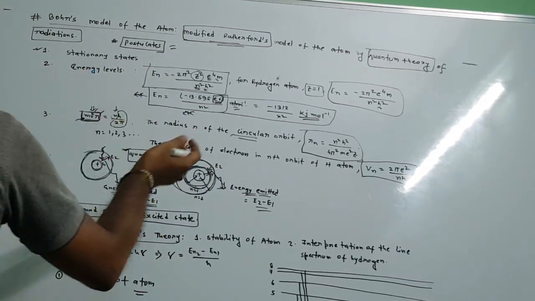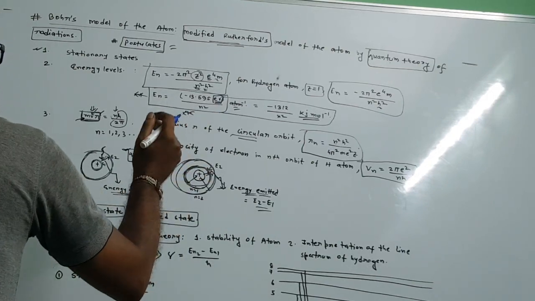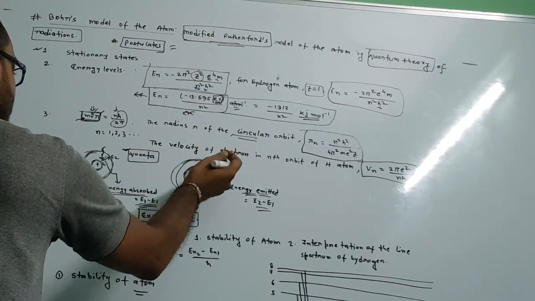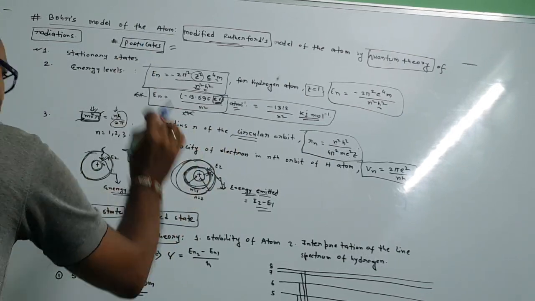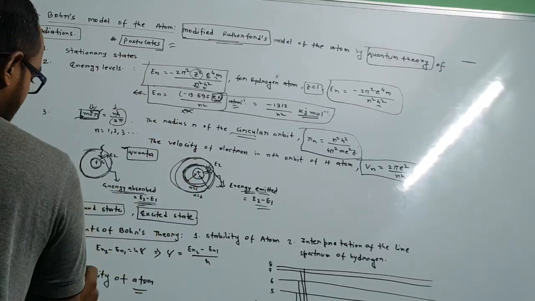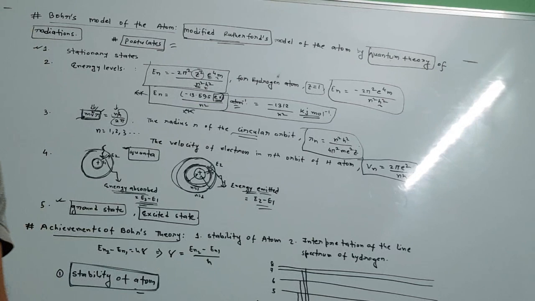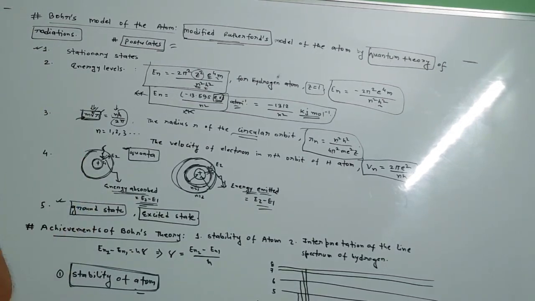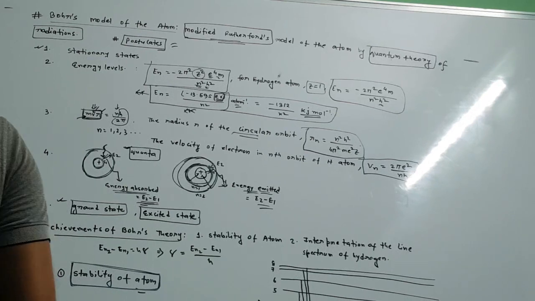The electron loses or absorbs energy only when it goes from a lower energy state to a higher energy state, or comes from a higher energy state to a lower energy state. Otherwise the electron doesn't lose energy. What does it mean? It means that the atom is stable. Also, it cannot jump from the first orbit to a lower orbit.